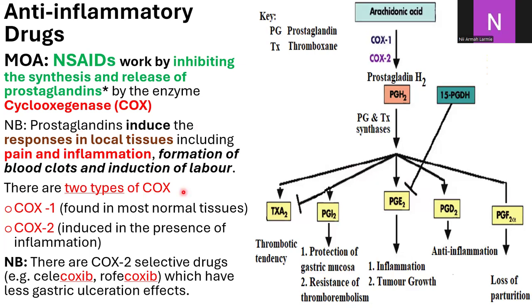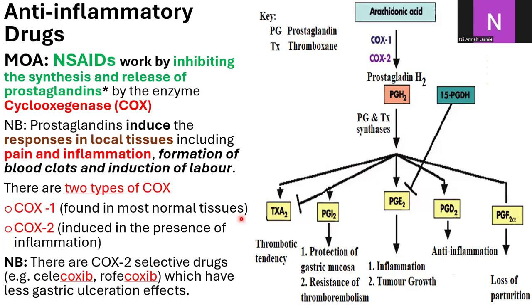So NSAIDs can cause bleeding. All right. Then NSAIDs can also affect labor. Prostaglandins help in the induction of labor, but if the formation of prostaglandins is stopped, then the induction of labor can also be affected.